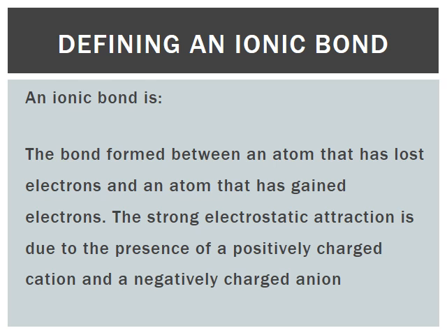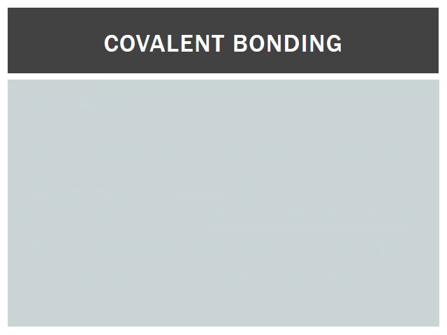So to define it, an ionic bond is the bond formed between an atom that has lost electrons and become positive and an atom that's gained electrons and become negative. And it's the strong electrostatic attraction between the negative and positive ions which forms the ionic bond.